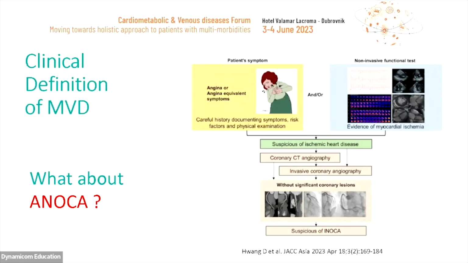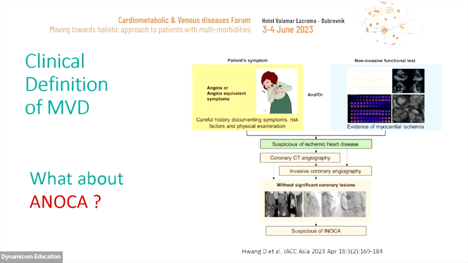Now, what is missing from here, beyond the detailed assessment with the acetylcholine, with the IMR, with the CFR in the cath lab? Another element is missing from this typical picture, and that is ANOCA.